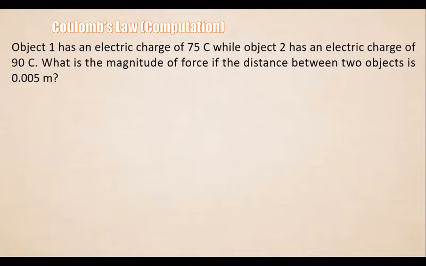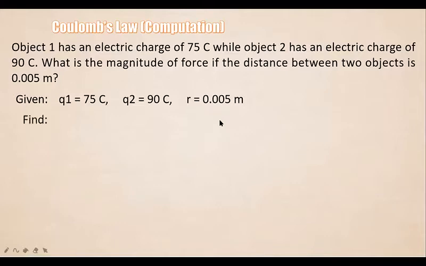The first thing we need to do is identify the givens. Q1 is 75 Coulomb, Q2 is 90 Coulomb, and the distance between the two objects, represented by the symbol R, is 0.005 meter.